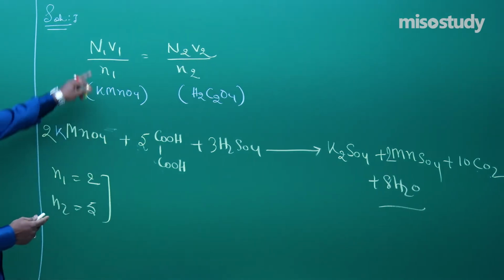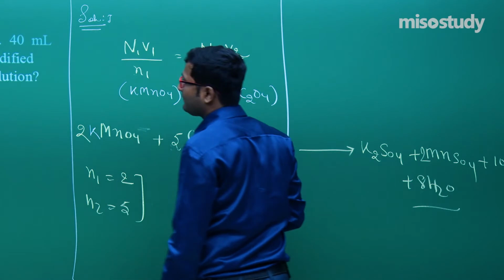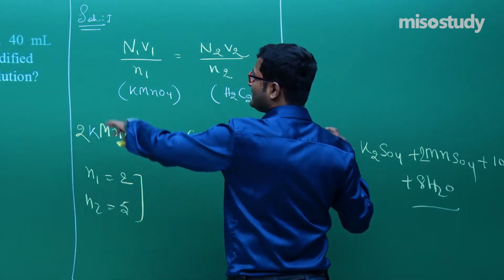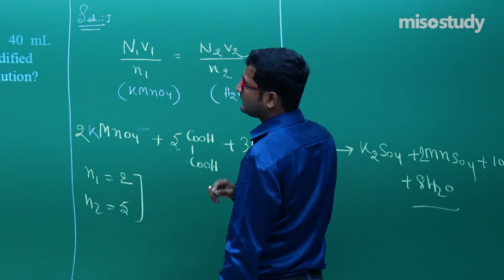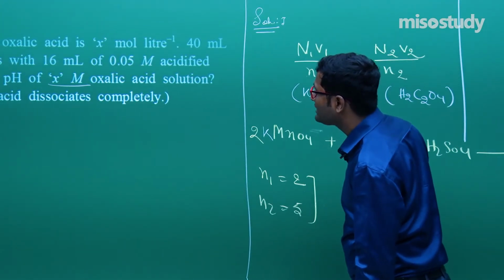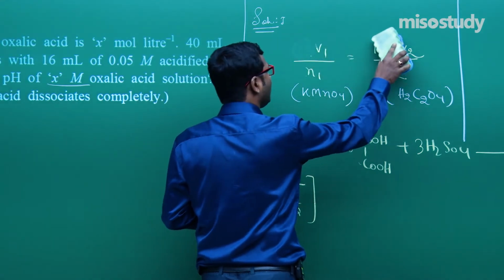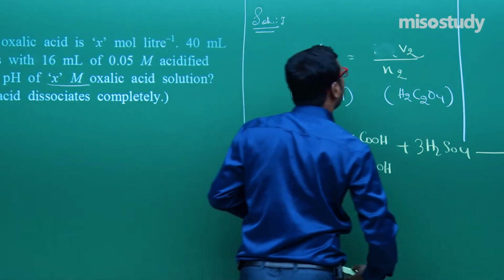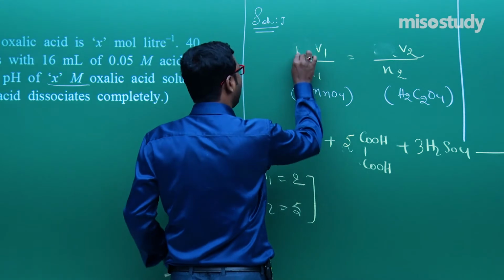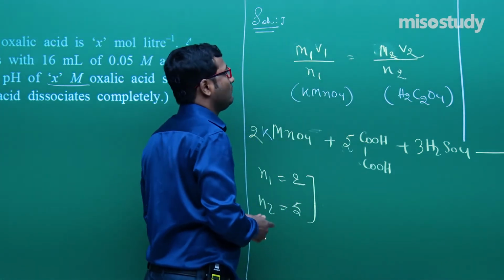Now put this value here and what will happen? Here molarity is given as 0.05 molar, so not an issue. We can put it here also: M1V1 upon n1 equals M2V2 upon n2.